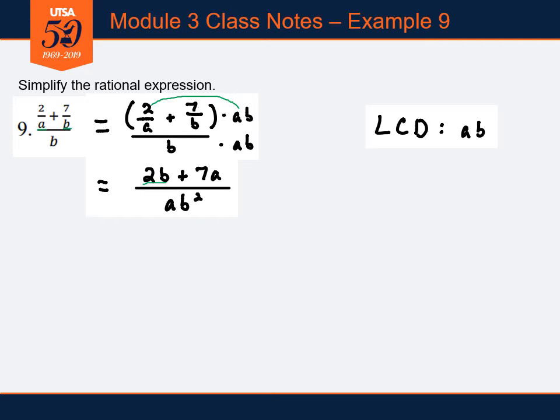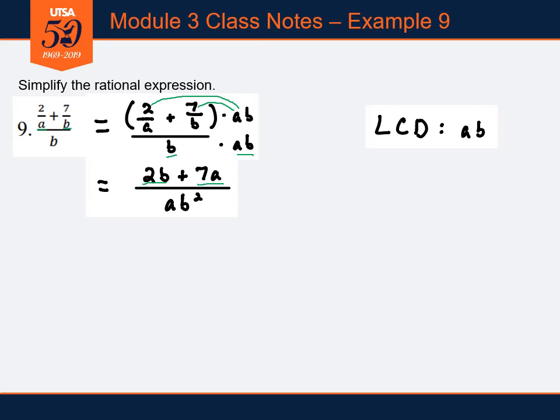When I multiply 7 over b times ab, the b in the denominator cancels with the b that I'm multiplying by. No more denominator. 7 times a is all I'm left with there. Then in the denominator of the entire larger fraction, we've got b times ab, which is ab squared. B times b is b squared, so ab squared.